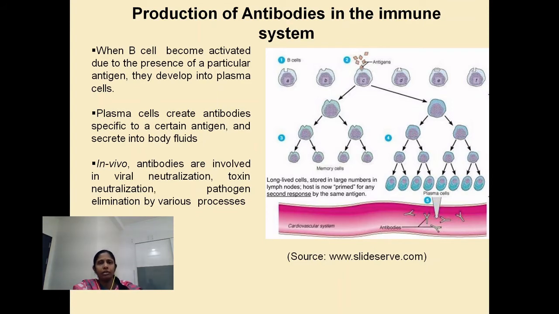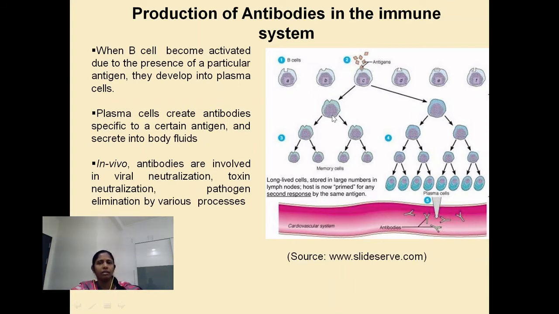When any of these B cells among the vast repertoire of B cells become activated due to interaction with complementary antigens, they undergo antigenic stimulation. And such a B cell undergoes proliferation, giving rise to a memory B cell and plasma cell.